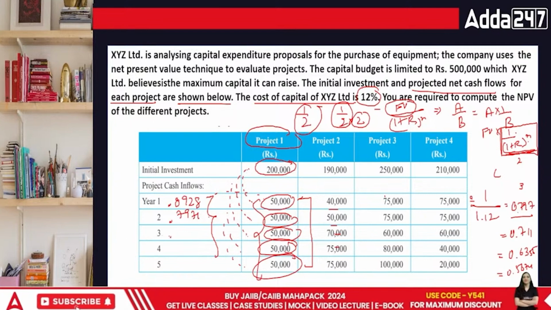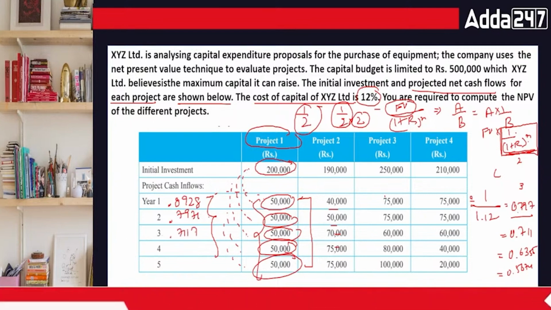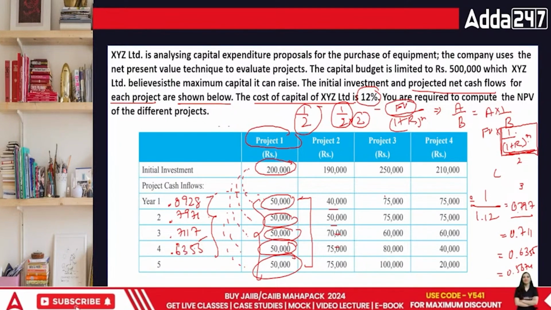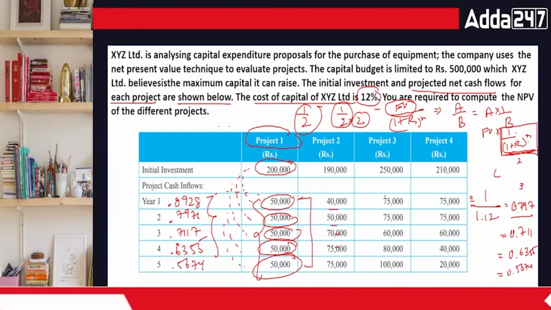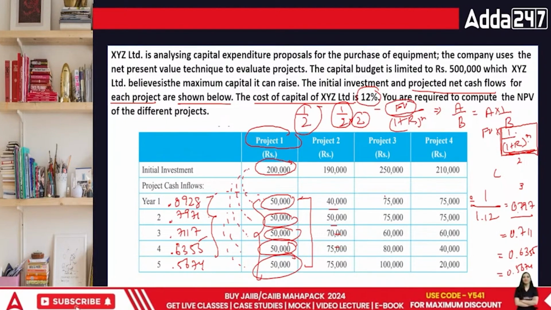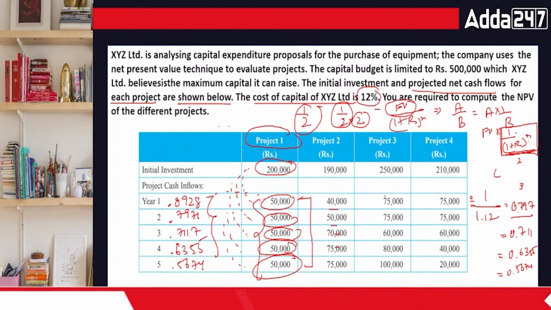I'm taking it up to 4 digits. 0.7117, 0.6355, and 0.5674. What did I do? 1 divided by 1.12. 0.797 is the second point, when you do it the second time. I actually showed the first one on the screen itself, so I missed it out.